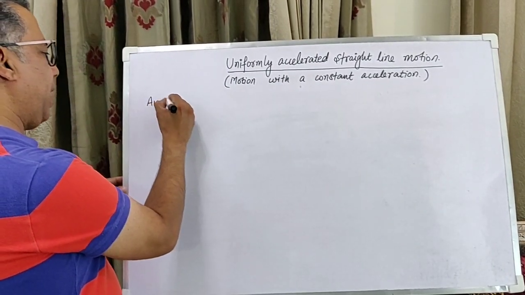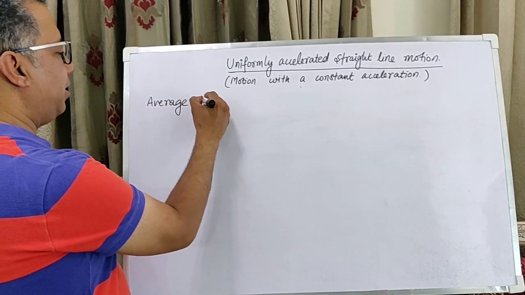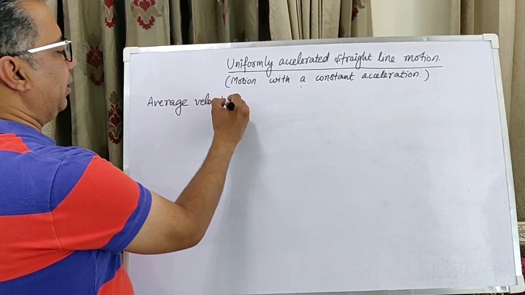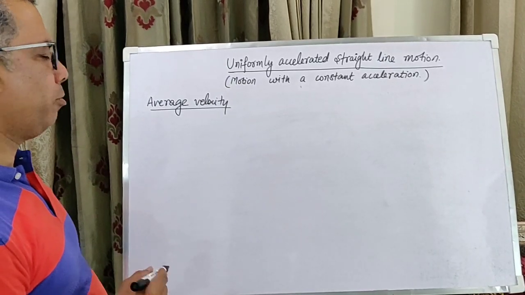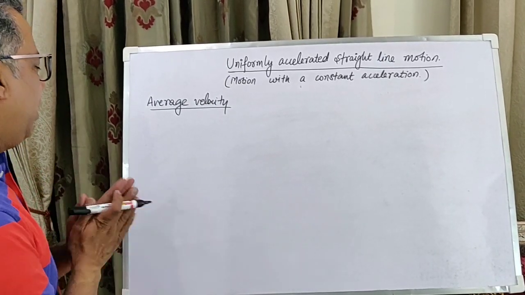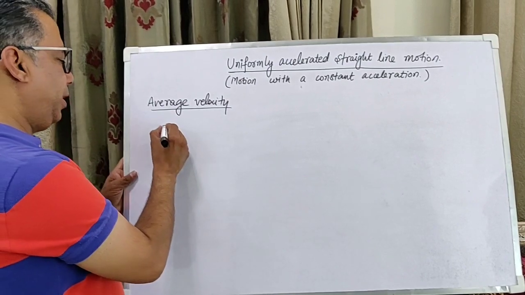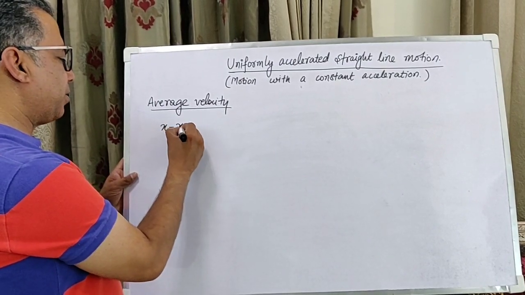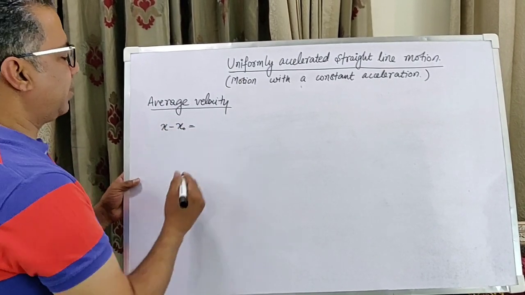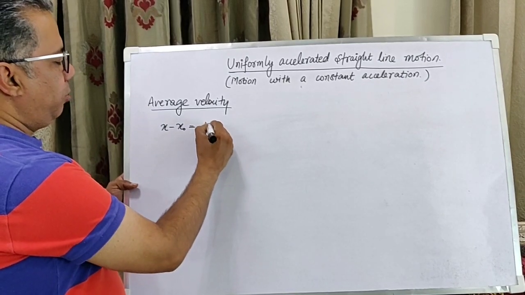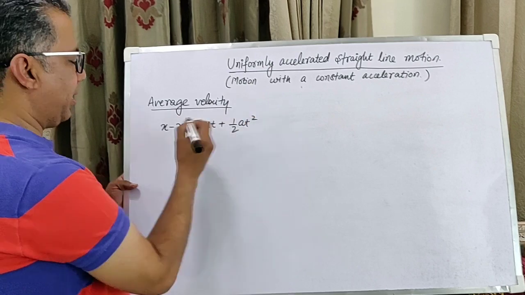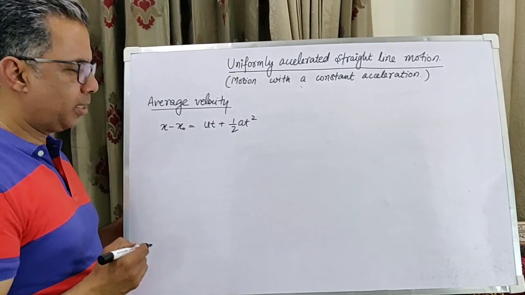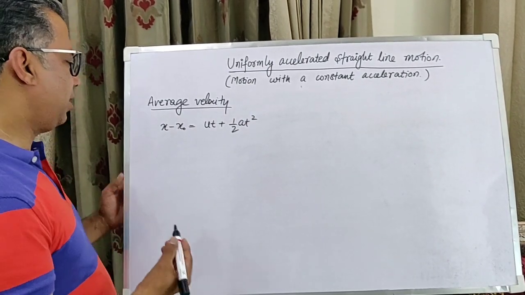So average velocity is total displacement by total time. Now the displacement x minus x naught equals ut plus half a t square, and the time of this motion is t.